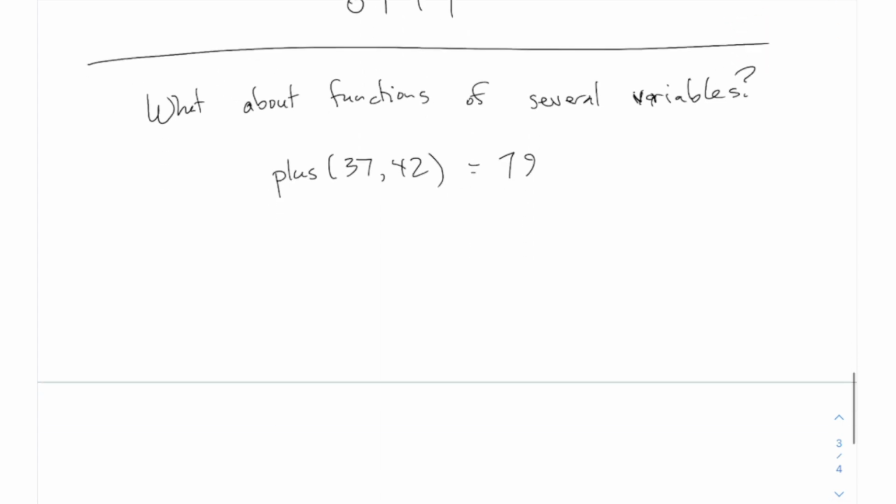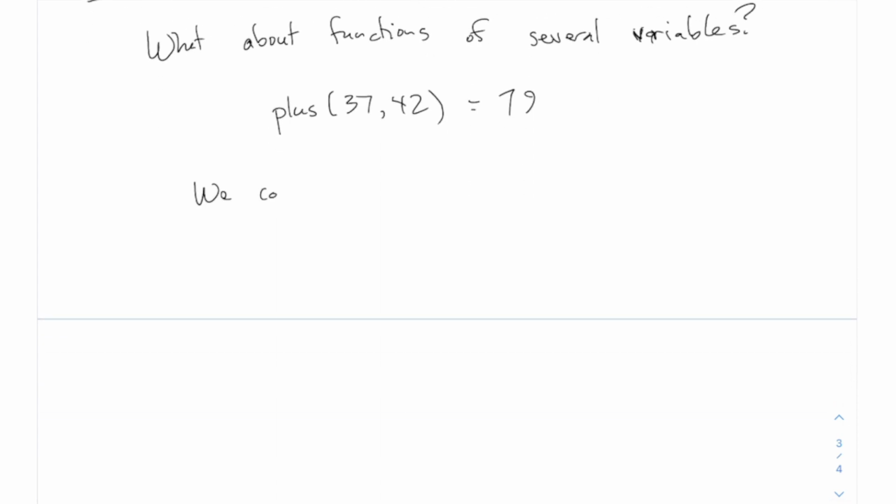We could just write on the tape 37 comma 42, like actually put the comma there on the tape, and then the Turing machine would be able to tell what's the separation between the first input and the second input.